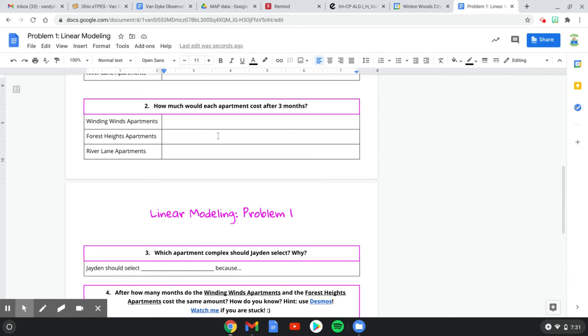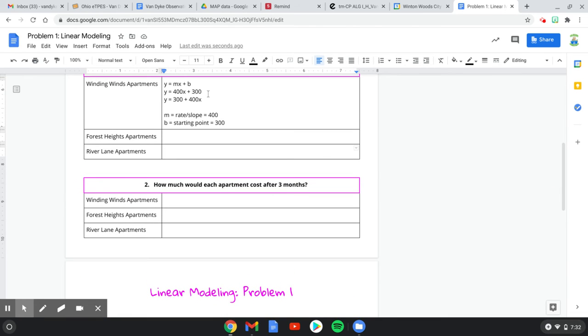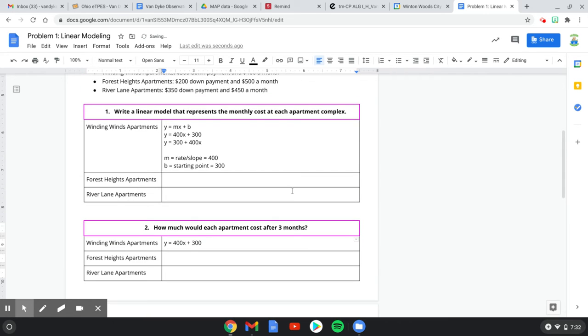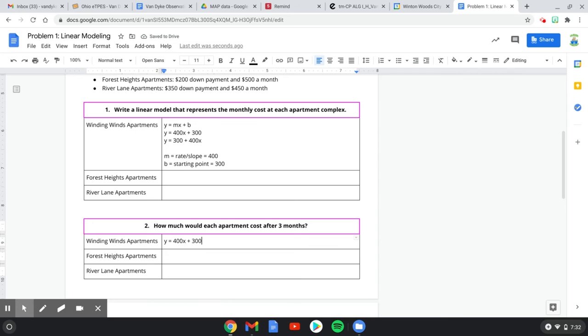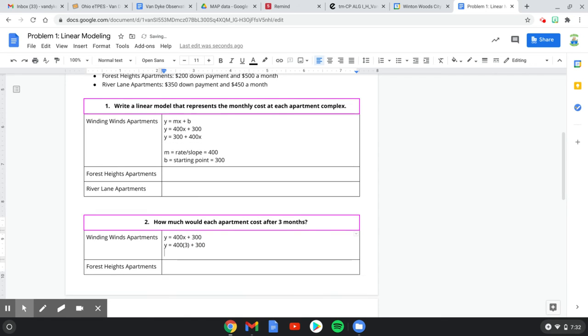Now, when it asks how much each apartment costs after 3 months, we're going to use our equation. So for Winding Winds, I'm going to take this equation, and I know that x is equal to my number of months because it's $400 per month for rent. So I can just put a 3 in for x because it's asking about the cost after 3 months, and then solve from here.